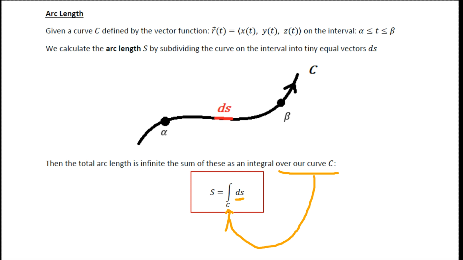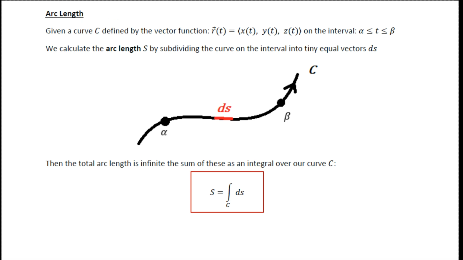And we can even verify that this definition makes a ton of sense, right? What is the integral of ds? Well, what's the antiderivative of 1 with respect to s? The antiderivative of 1 with respect to s is s. Clearly, that's exactly what it should be.